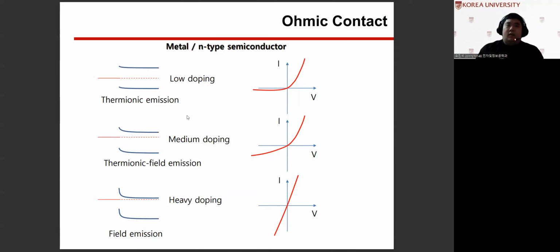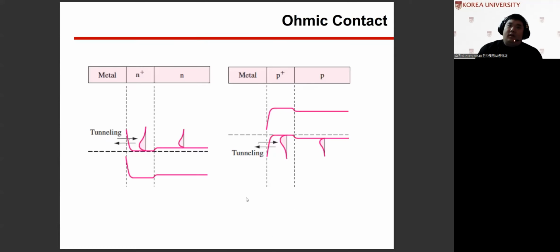This is because by putting more dopant into silicon, we can make the depletion region even shallower, and by putting an extremely narrow oxide between metal and silicon, we can make the current flow through by tunneling current.